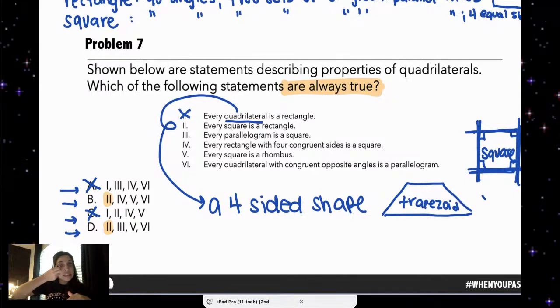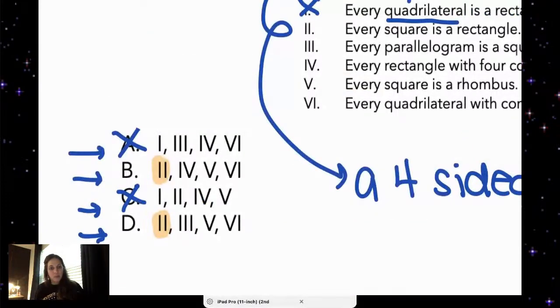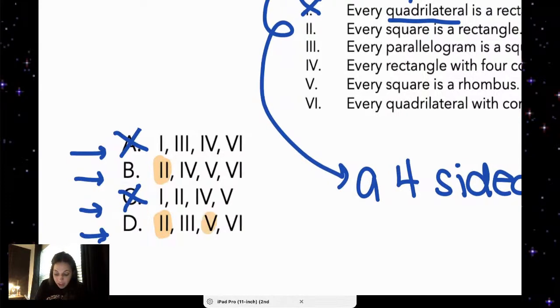So I'm not going to sit and belabor over that answer choice when I see that B and D both have it. But B and D do not both have number 3 or 4. But they both have 5 and they both have 6. So I know that number 2 is always true, number 5 is always true, and number 6 is always true, no matter what I think, right?